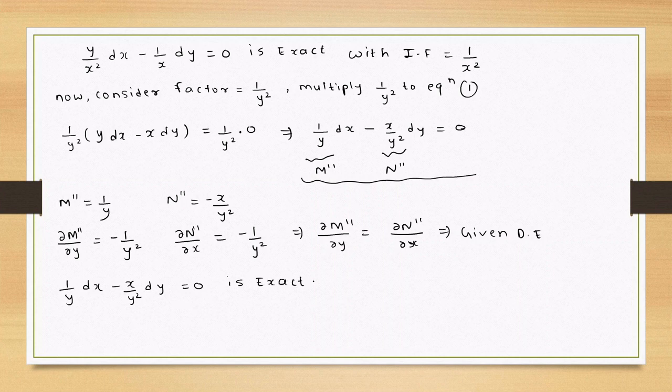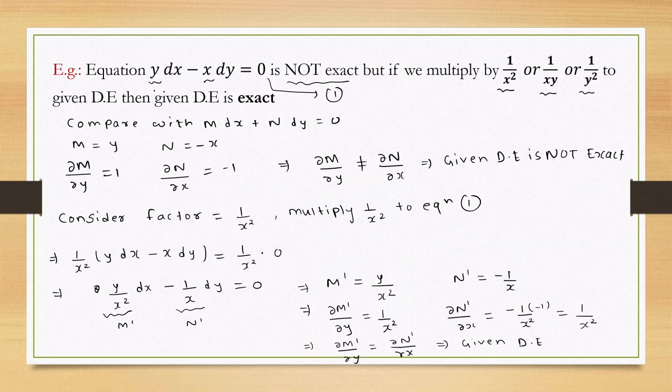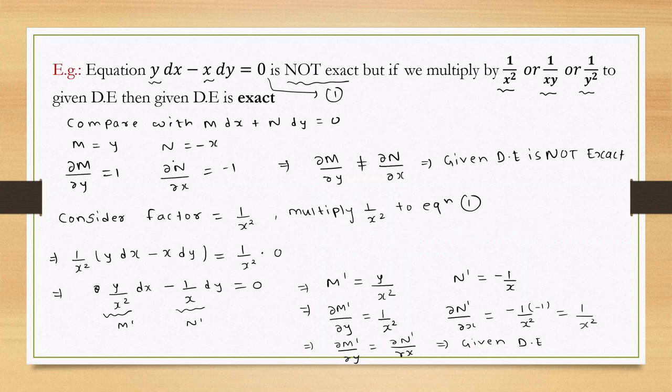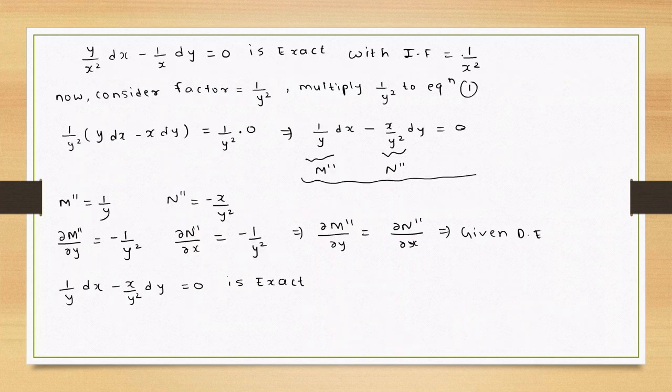Now see here, the equation number 1 is not exact, but if you multiply a factor 1 upon y square to equation number 1, then we get this differential equation as exact. Such a factor is called the integrating factor. The first factor we found is 1 upon x square, the second factor we got is 1 upon y square.